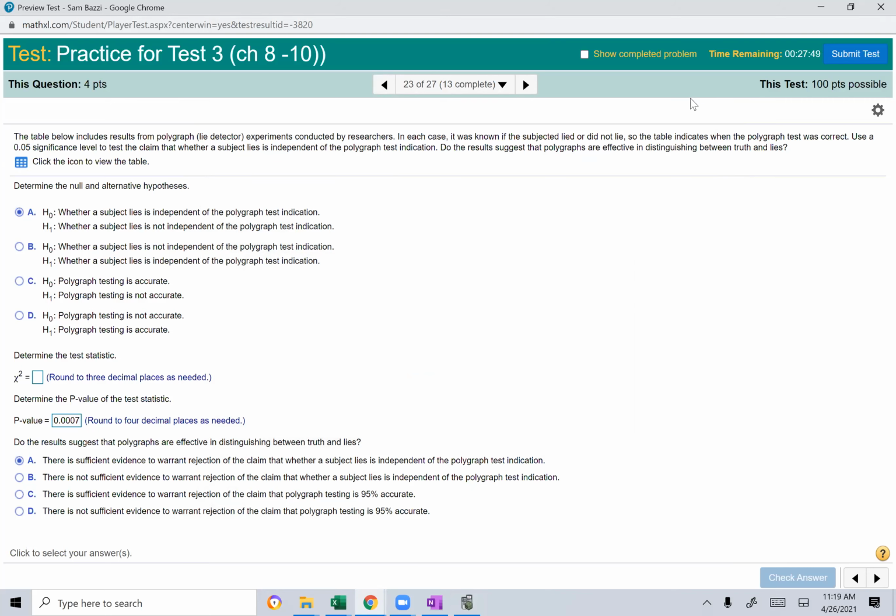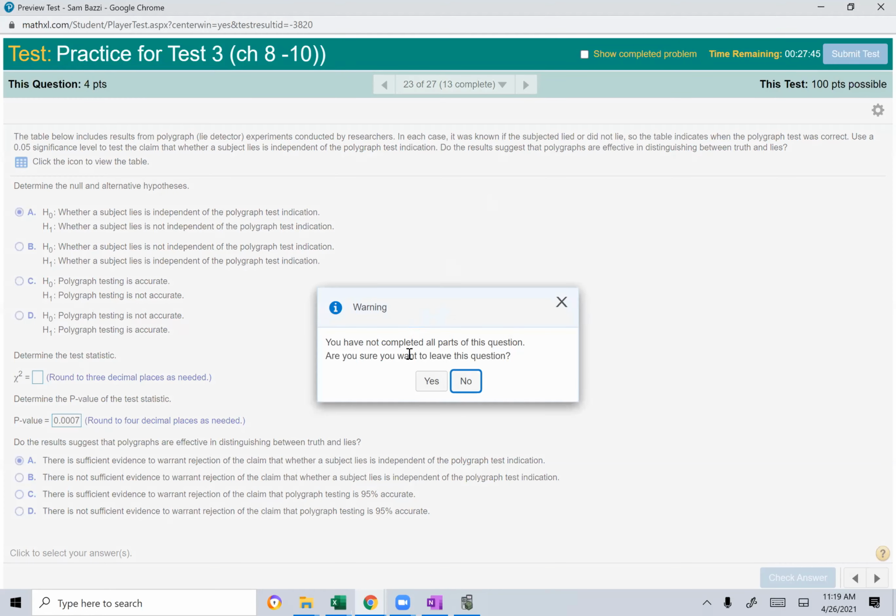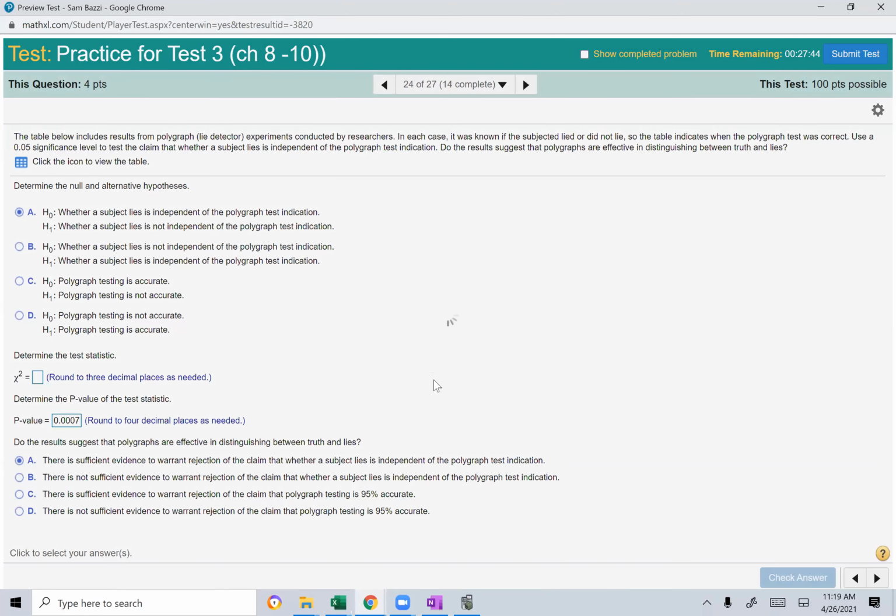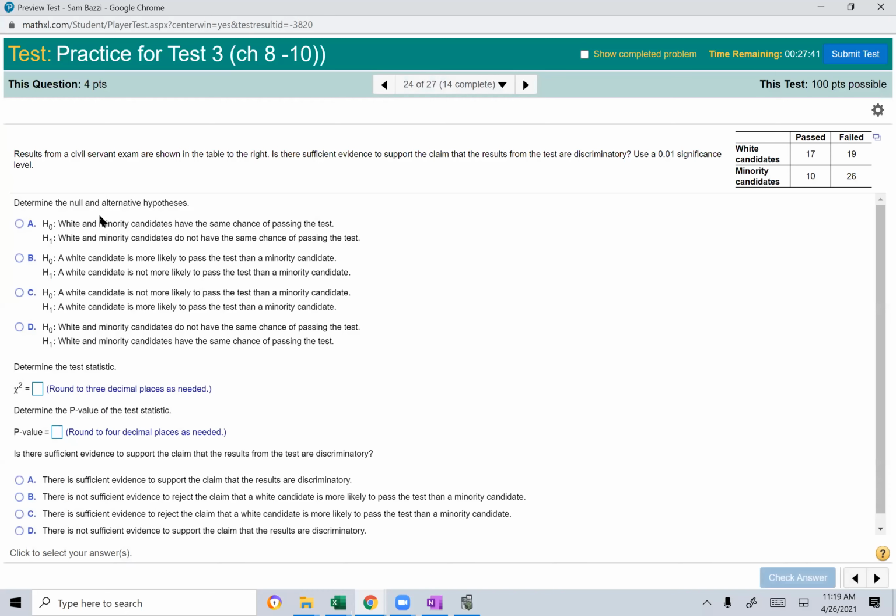All right. And let's go. We're almost done. Results from a civil servant exam are shown in the table to the right. Is there sufficient evidence to support the claim that the results from the test are discriminatory?